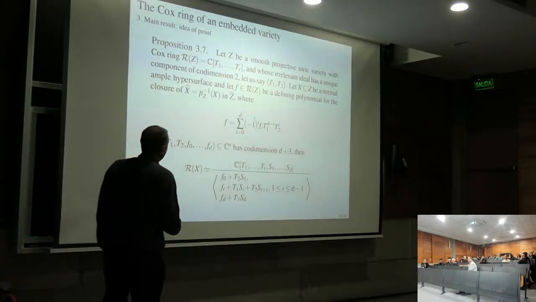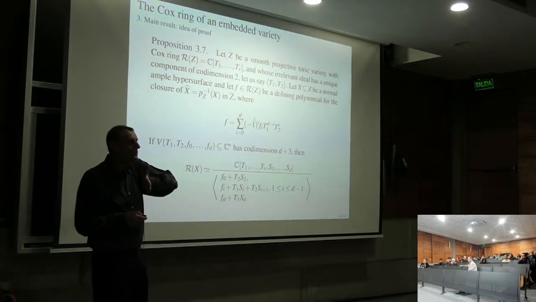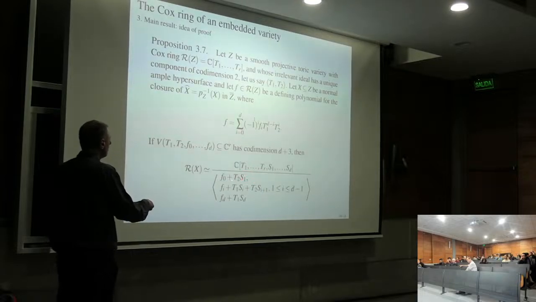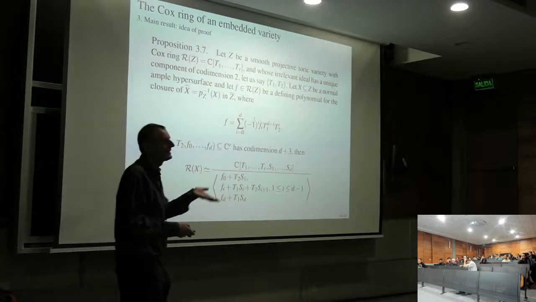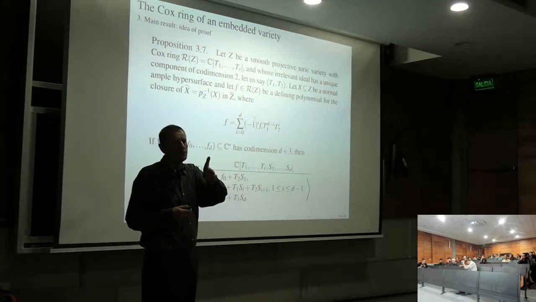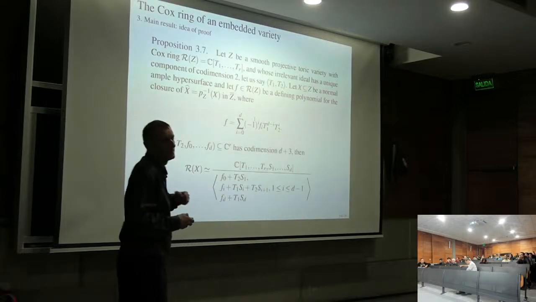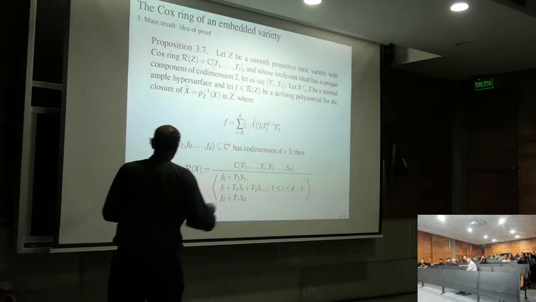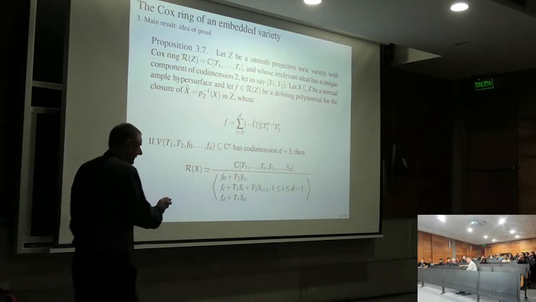In this case, you work with the intersection of localizations with respect to T1 and T2. So the elements that are appearing here, it's not difficult to see that each one of the new variables S can be written as a fraction of a homogeneous element divided by a power of T1 or a homogeneous element divided by a power of T2. I'm not going to explain the proof of this, it's not very complicated, but the ingredient I gave to you.